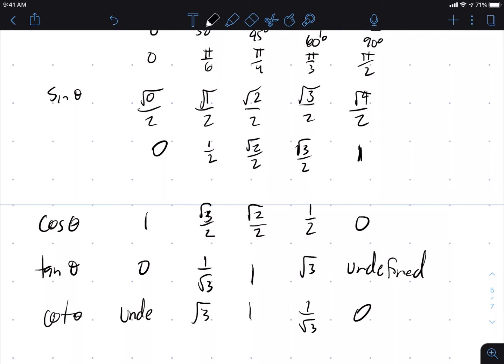Your first 5 whole numbers: 0, 1, 2, 3, 4. Take the square root of all of them. Divide by 2. You're in the first quadrant. And then to get any other quadrant, just all students take calculus. Right? Okay. All right, any others?